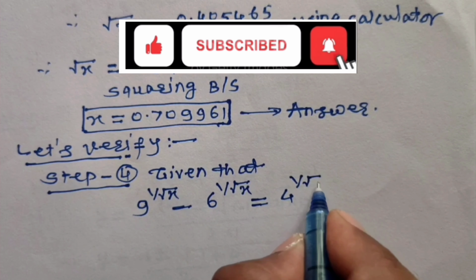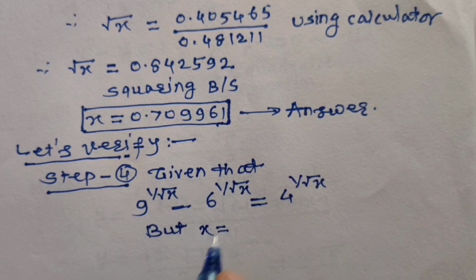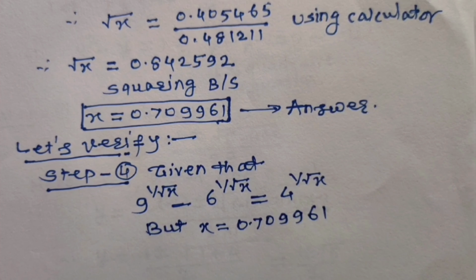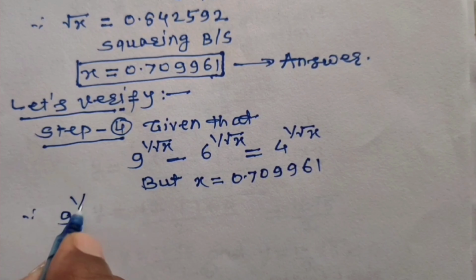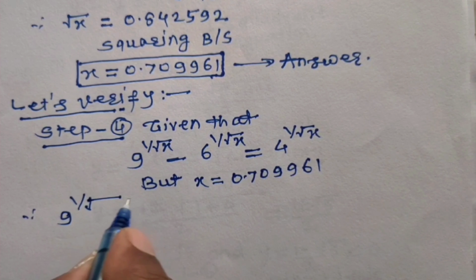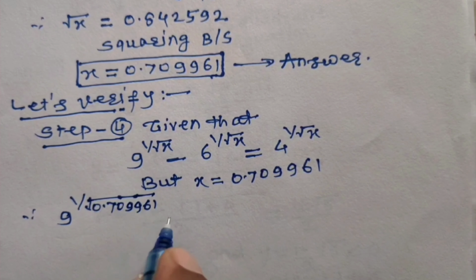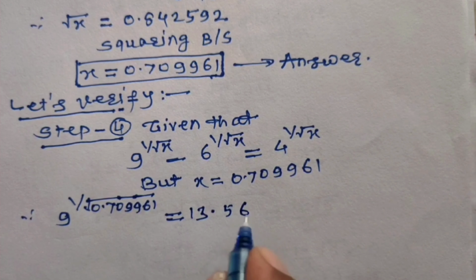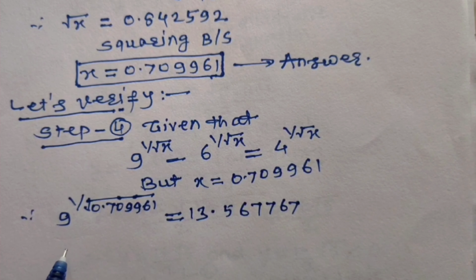Our exponential equation is given like this: 9 to the power 1 over root x minus 6 to the power 1 over root x is equal to 4 to the power 1 over root x, and we have obtained the value of x as an answer, where x is 0.709961. So replacing the value of x, we are separately finding the value of 9 to the power 1 over root x, the value of 6 to the power 1 over root x, and the value of 4 to the power 1 over root x.